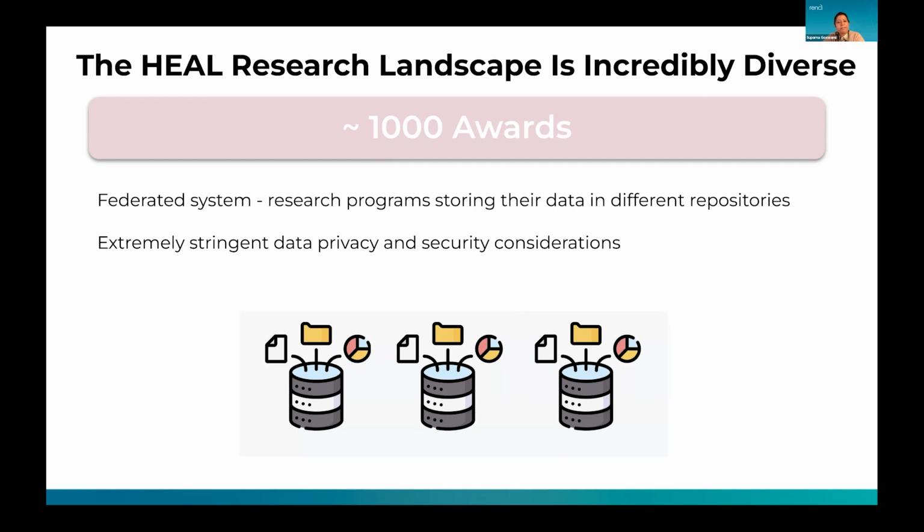Animal model data might be stored in something else. So there are several repositories within which the data is getting stored. And again, based on the nature of the data, these data have extremely stringent privacy and security considerations. So these are the two characteristics that define the nature of the tools and technologies that are needed in order to make this data FAIR: findable, accessible, interoperable, and reusable. Next slide, please.